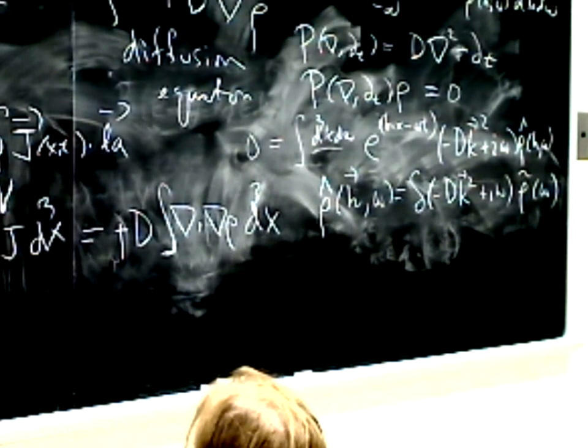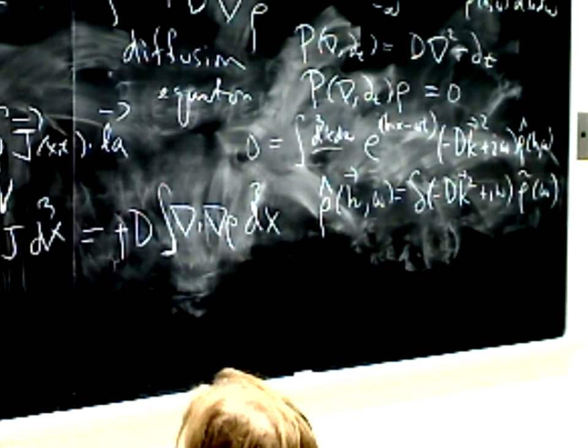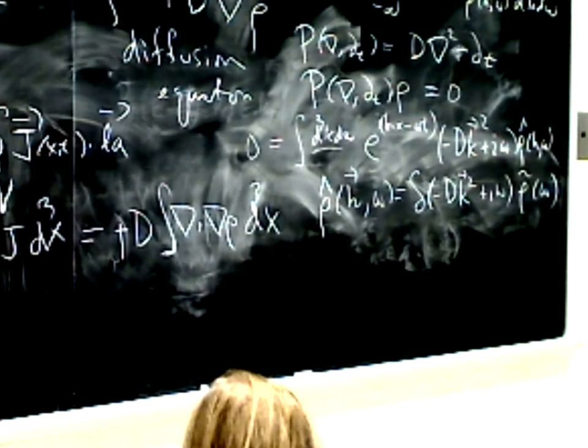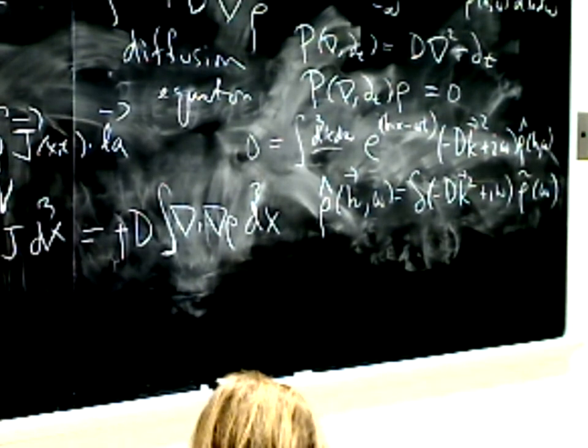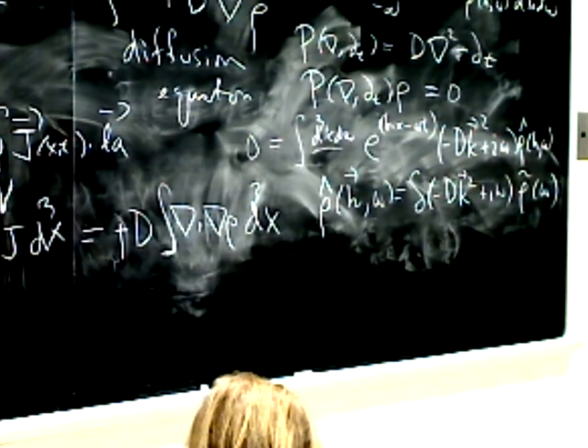So you get then rho of x and t is equal then, of course, to the integral e to the i k x minus omega t rho hat d cubed k d omega, and this is then the integral e to the i k dot x.